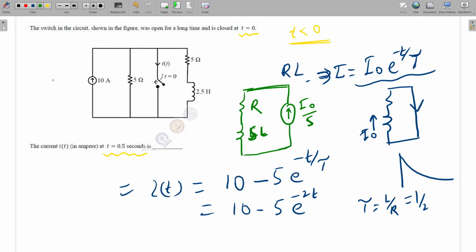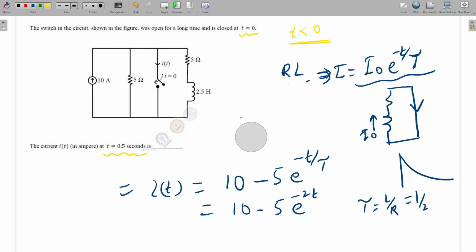So if we are taking I naught by S divided by R plus LS, and taking L common, I naught by L. See, this derivation will be there in the book; we can refer to that for this. Either you can apply Laplace or you can apply the differential equation, and you can get this equation. Final in terms of t, we can get this only. If you want the derivation, I will post it in the group. Otherwise, you can refer to any standard book.